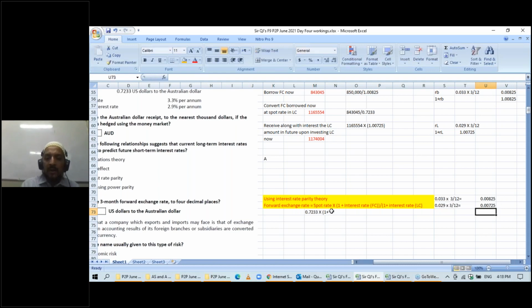Okay, so now putting it into the formula, 1.00 divided by 1 plus 0.00725.